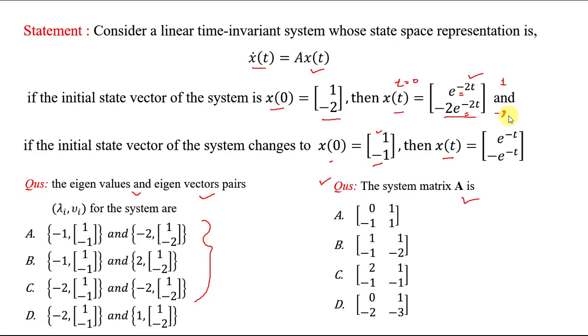So here -2 is remaining and 1 is remaining, so x(0) is this. Same in the second condition, e^(-t): if t equals 0, this equals 1 and -1. So x(0) is this. Clear? So go to the solution.